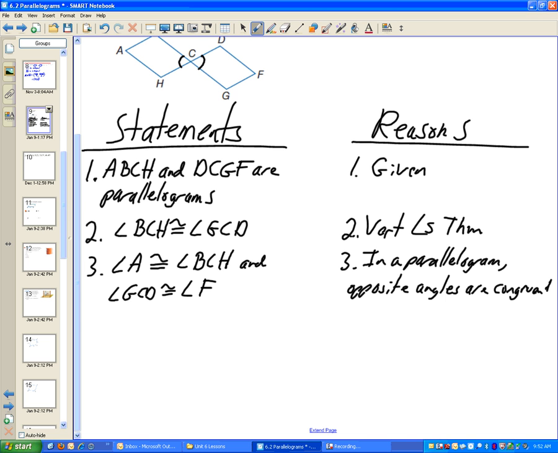So I saved a few words by rewording that a little bit. All right? Now, follow the logic here. If angle A is congruent to angle BCH, and angle BCH is congruent to angle GCD, and angle GCD is congruent to angle F, angle A is congruent to angle F. But do you know what to put for the reason?